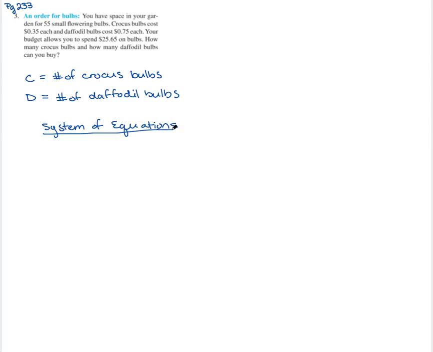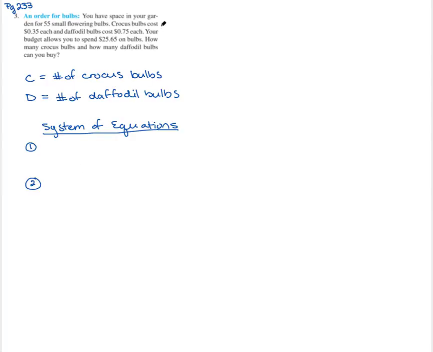If you have three unknowns, then your system will have three equations. And if you have four unknown variables, then you will have four equations in your system, etc. So here, because we're only dealing with two variables, my system must have at least two equations. So where are those equations going to come from?